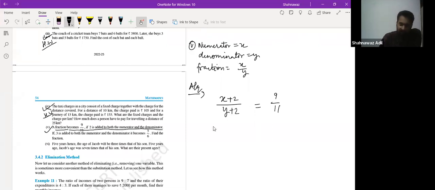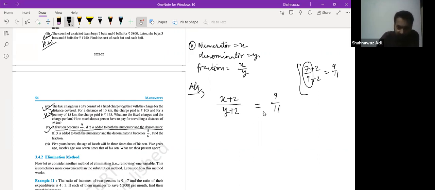Was this the information? So you can see that without doing the calculation, the fraction that becomes 9 by 11 is 7 by 9. If we add 2, it becomes 9 by 11. So this is the cheating, the short trick, but we have to solve it properly.